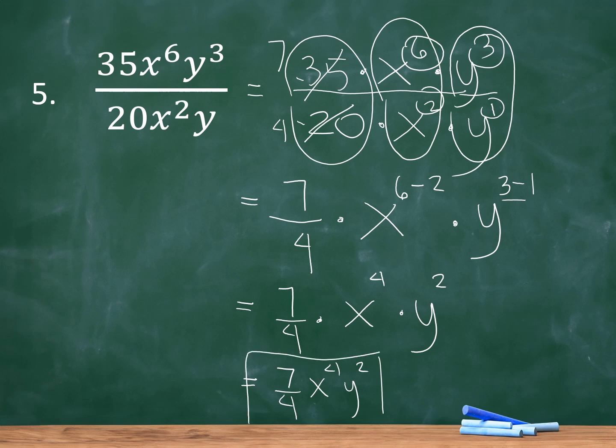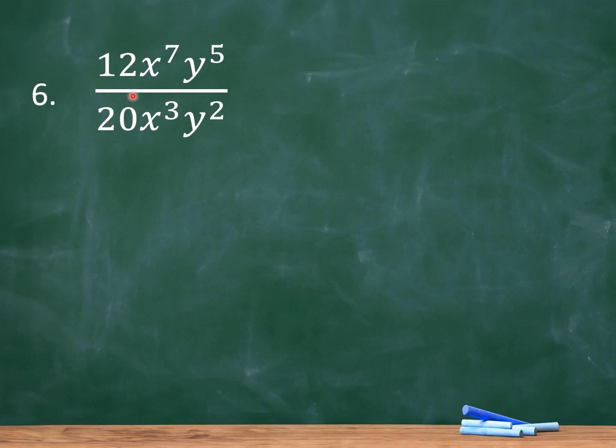This is already an answer, but there's also another way on how you can write this. You can write this as 7x to the power of 4 y squared all over 4. This is also a correct answer. So either of the two is correct.